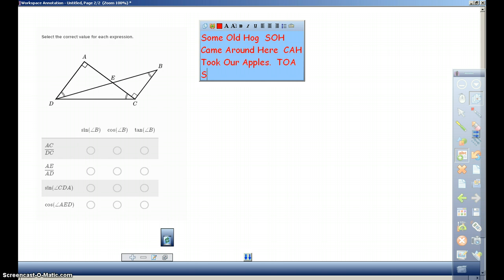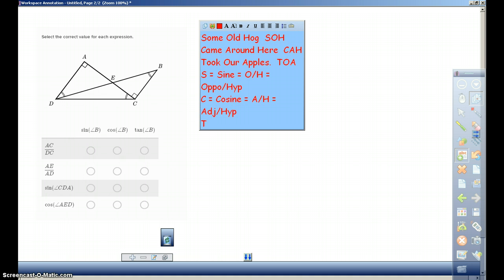So the first one, S, that's sine, and it's equal to O over H, which is equal to the opposite over the hypotenuse, okay? The second one, C equals the cosine, and it's equal to CAH, so that's the A over H, which is equal to the adjacent over the hypotenuse, right?